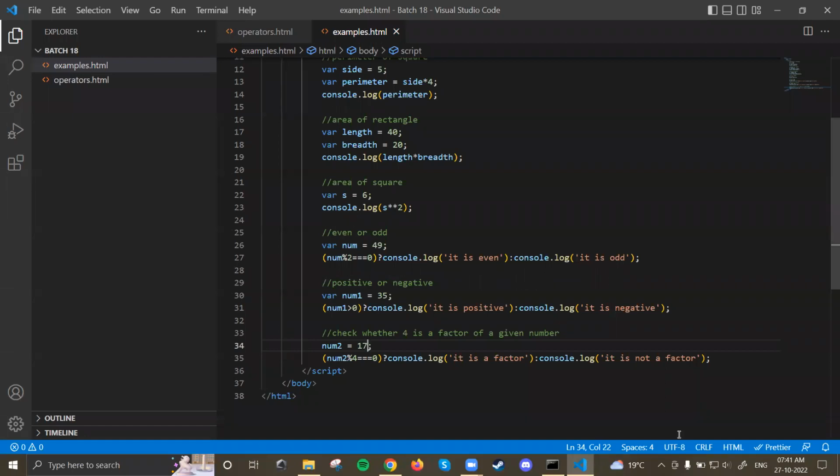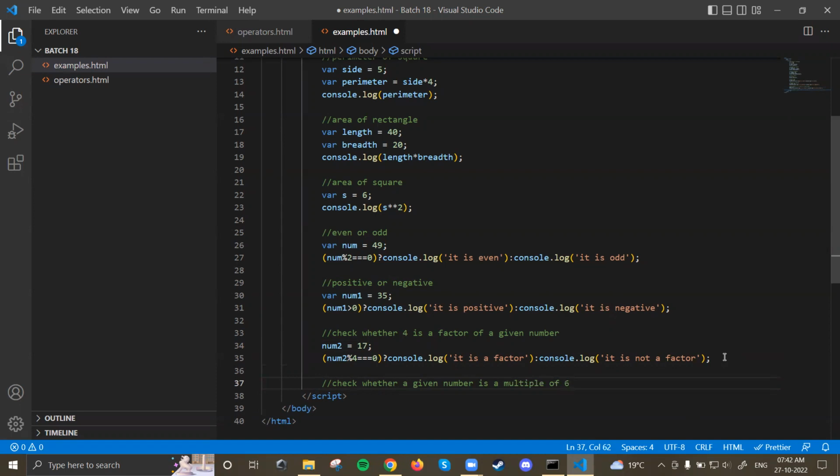Let me now write the code for checking that. Check whether a given number is a multiple of 6, for example.